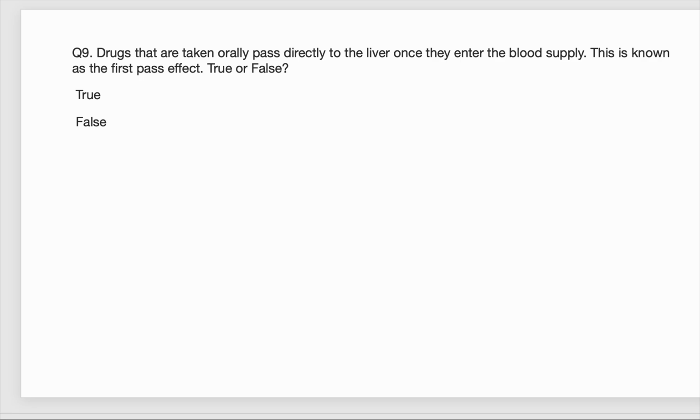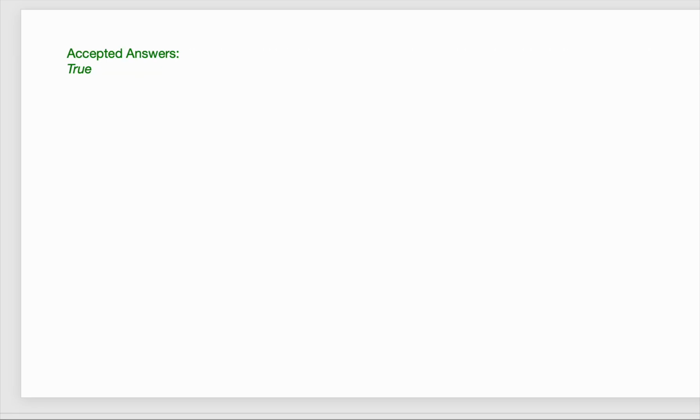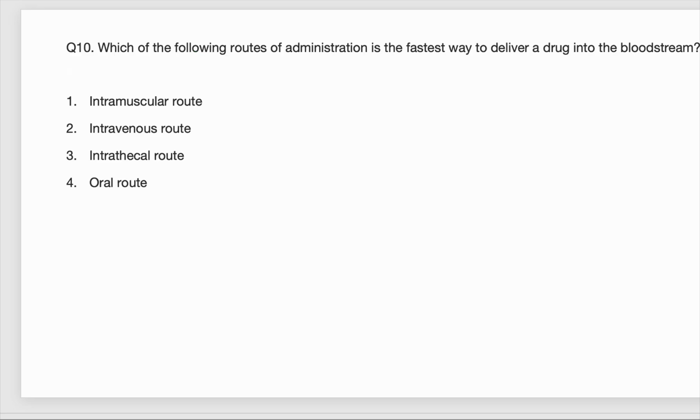The drug starts to get metabolized from our mouth itself, but because the liver is the main site of metabolism, people often consider the liver to be the most important, because that's where the main enzymes are and that's where the major metabolism takes place. So the answer is true. Let's move on to the next question.